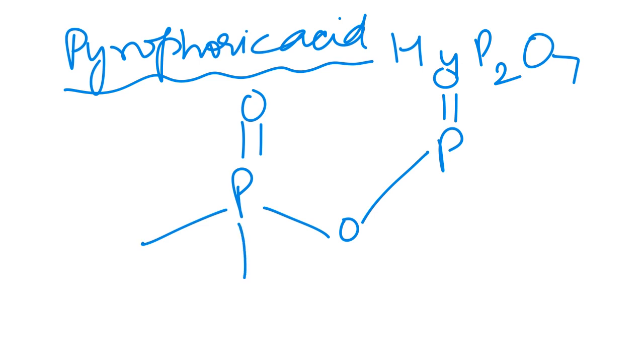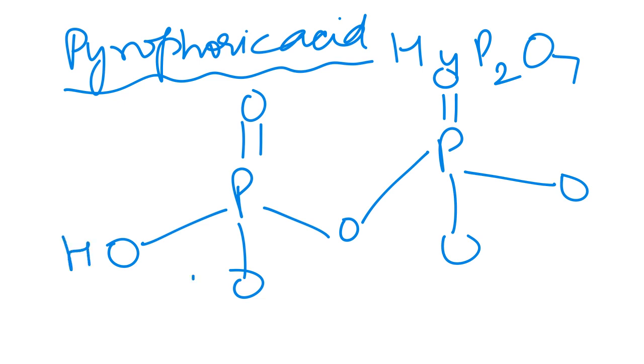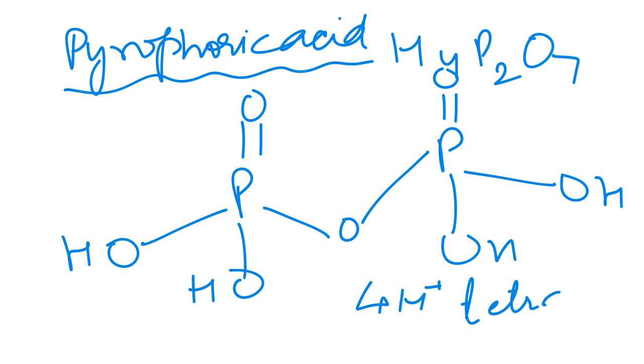So each phosphorus will take 2 OH, along with it you put H also. So 4 hydrogen atoms. So this is the structure. So simple. Okay. Now how many hydrogens can it release? 4 hydrogen atoms. So it will be what? Tetrabasic acid. Okay.